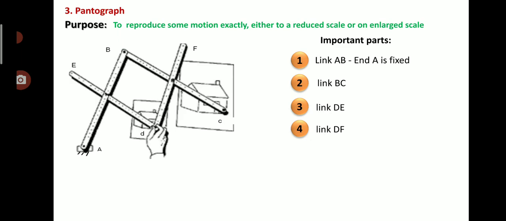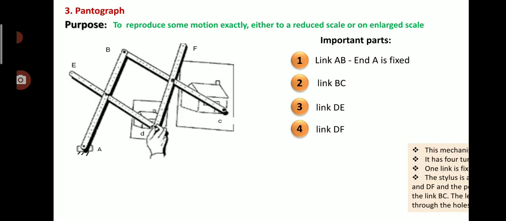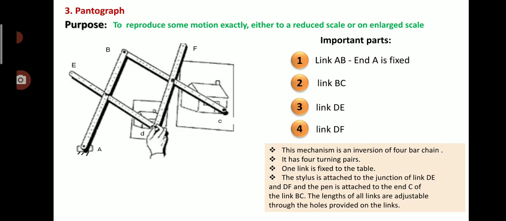So link DE and link DF are the other links inside the pantograph. This mechanism is an inversion of the 4-bar chain. It has 4 turning pairs. One link is fixed to the table. You will see link AB is there and end A is fixed.